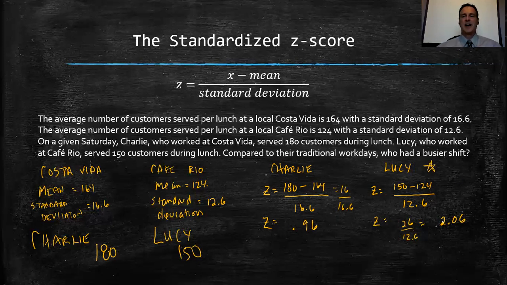The idea is that her amount of customers was a little bit more than 2 standard deviations above the mean compared to what she's used to, whereas Charlie was a little bit under 1 standard deviation from what he's used to.